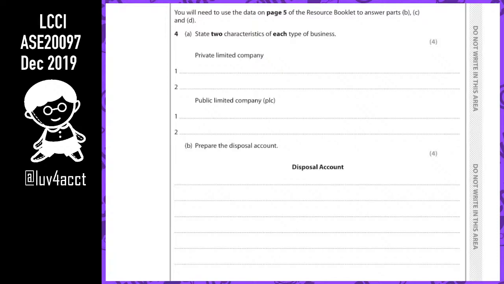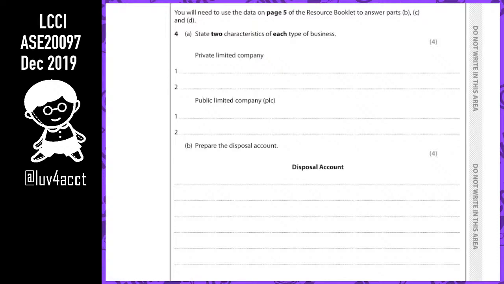If we have to compare, for example, partnership with limited company, then we should say something like limited liability protection. But here, because we have to compare these two, that's why I won't write that item. But then you are not asked to compare them, you are asked to give characteristics.